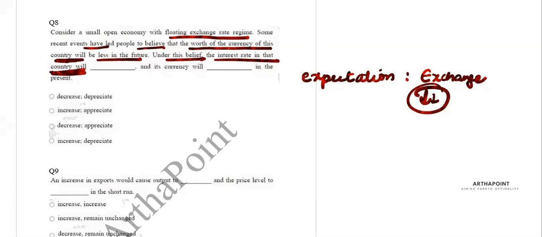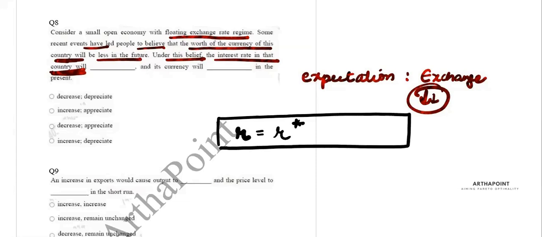Okay. Now there is a very simple equation that we must go ahead and remember. So you can write this down and remember this thing, that the interest rate that exists in the economy is equal to the other country's interest rate. And this is coming from my Mundell-Fleming model, that both the interest rates should be equal. Otherwise, there will be huge capital inflow or outflow, but plus expected depreciation.